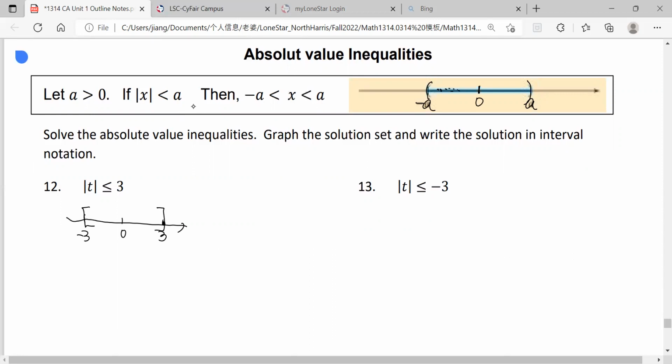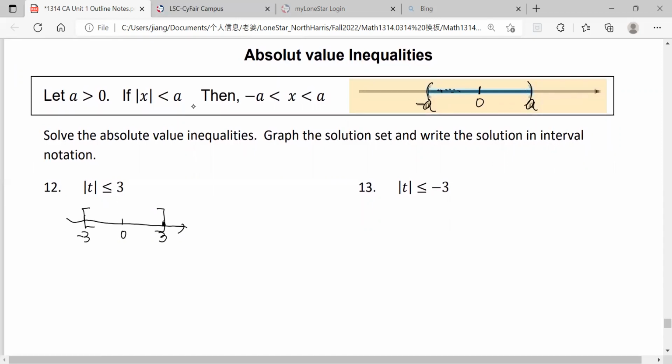Since it has an equal sign, that means it has a chance to equal -3 and +3. So we use brackets. When we are using interval notation, we have brackets, -3, +3.